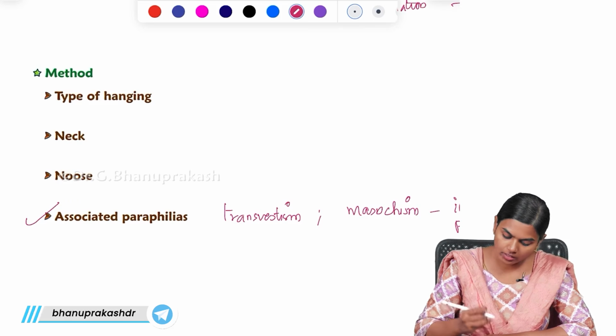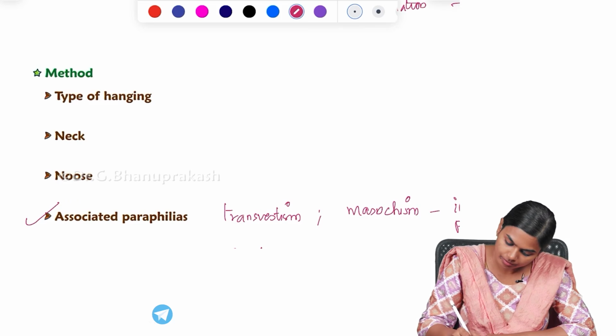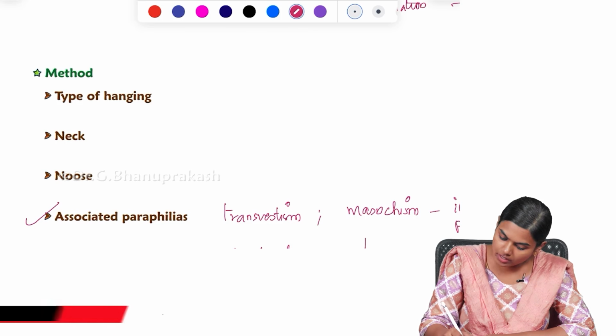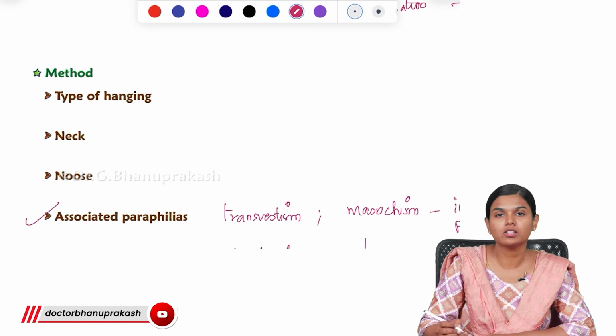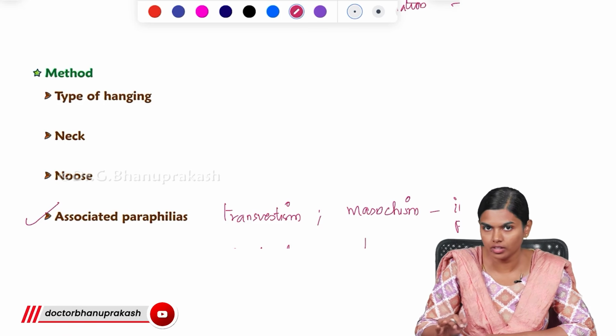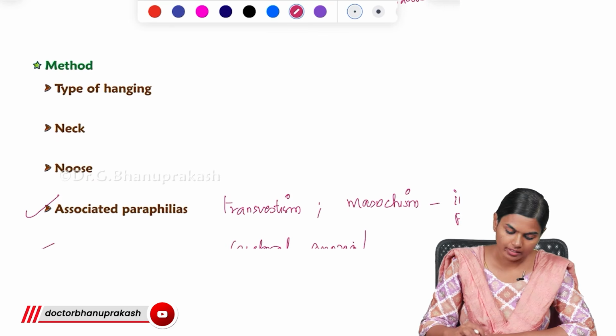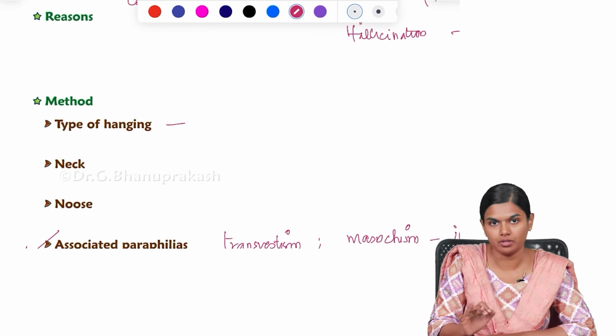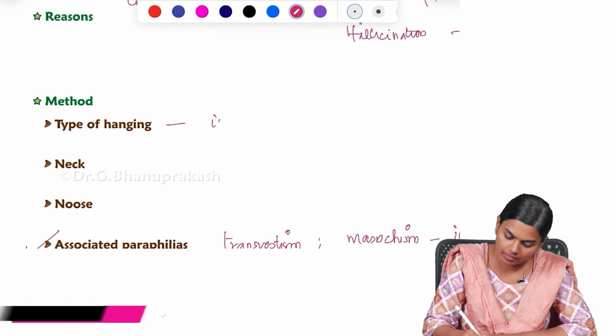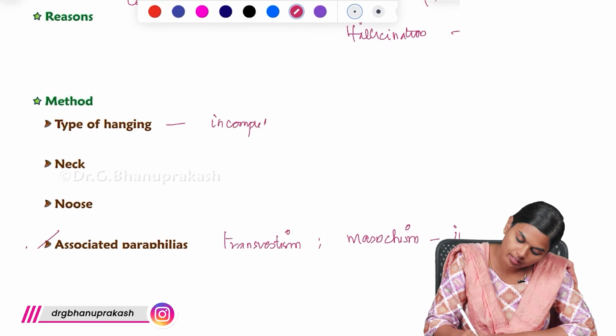And mechanism of death, it is mostly cerebral anoxia or venous congestion. These are the most common mechanism of death through which they die in case of these accidental hanging. And what happens is that these hanging, it will be in 99%, like most of the cases, it will be an incomplete hanging.